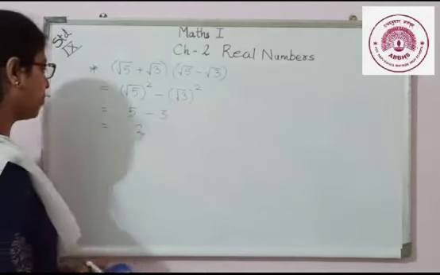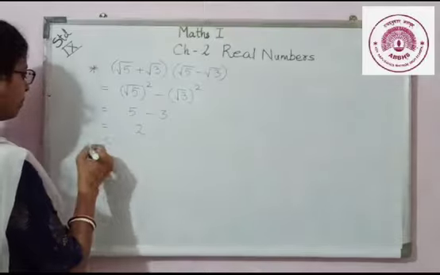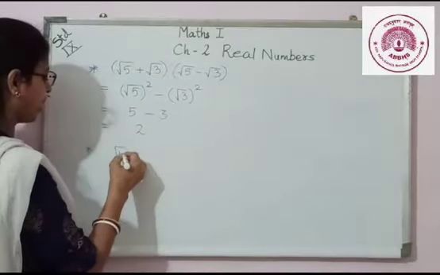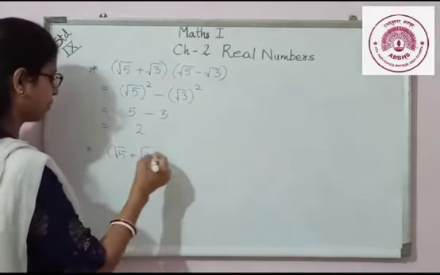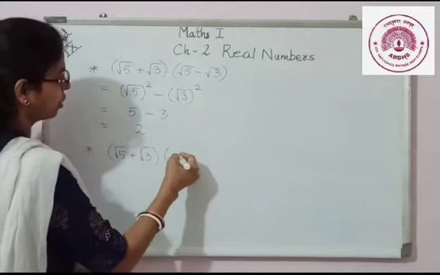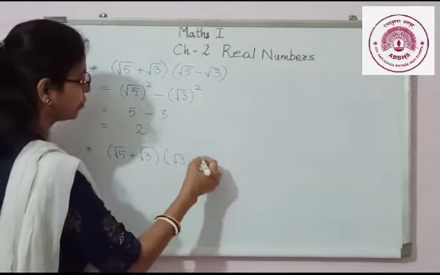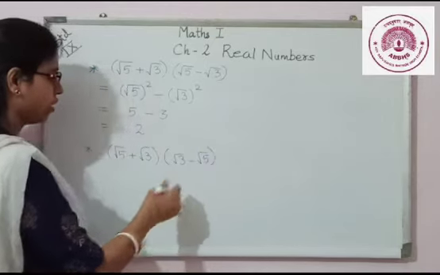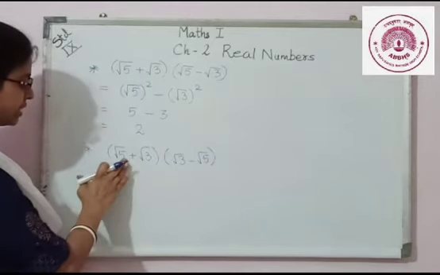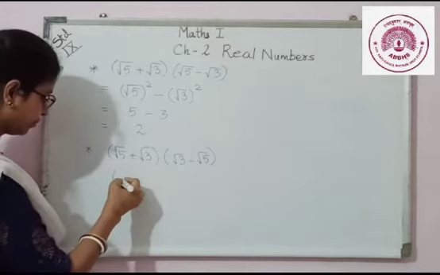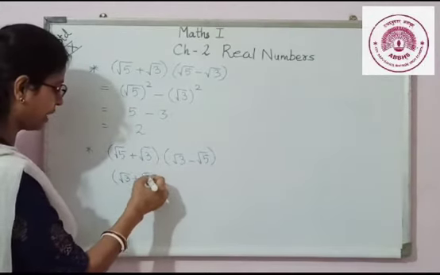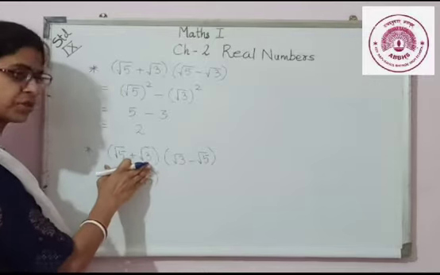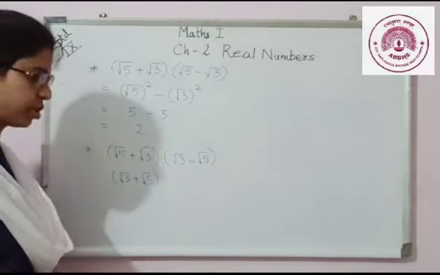Now let's multiply root 5 plus root 3 by root 3 minus root 5. So now let's just interchange their places: root 3 plus root 5. We can interchange because both are positive, so its value will not change.